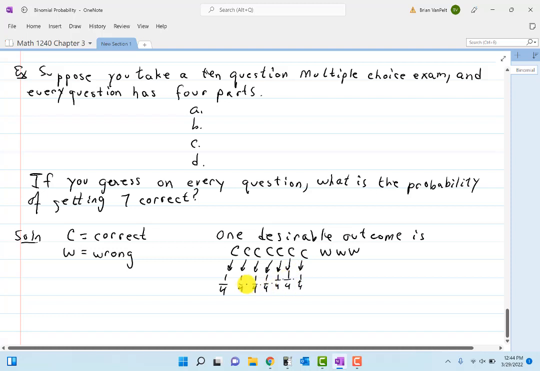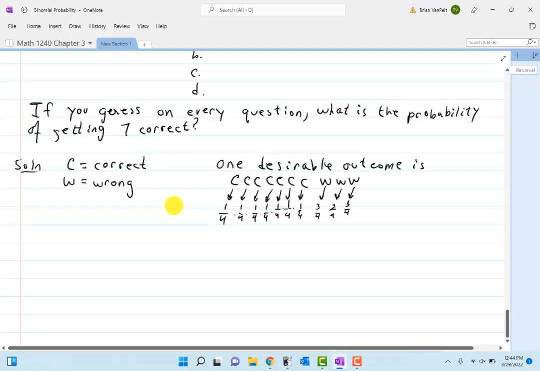Of course, you'd multiply those all together. Now, the probability of getting any one question wrong is 3/4, or 1 minus 1/4. So that's only one of all the possibilities.